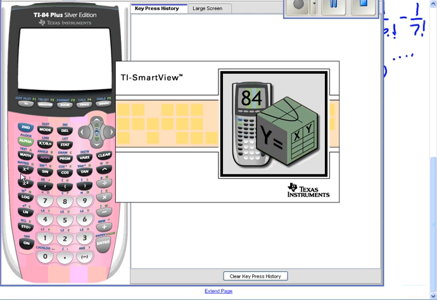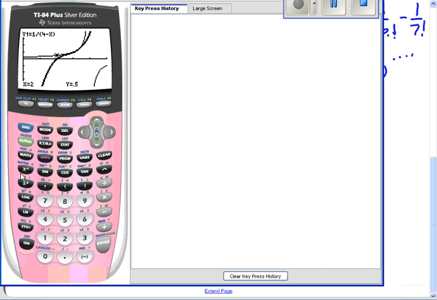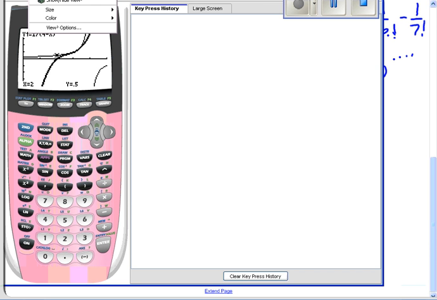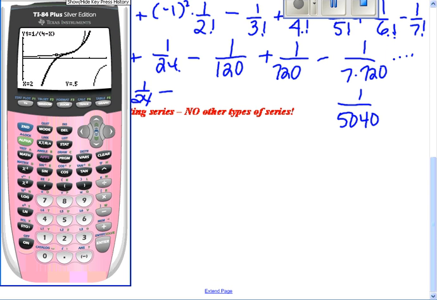So I want 1 divided by 120. 0.0083. And then I'm going to need 1 divided by 720, right?